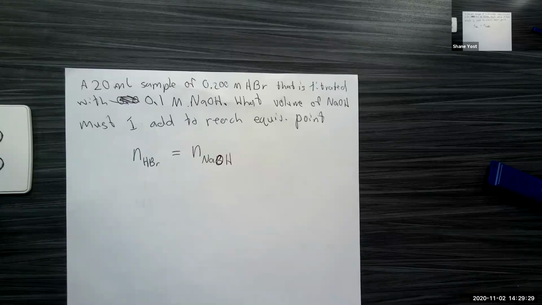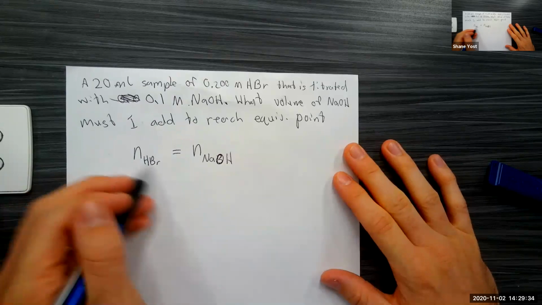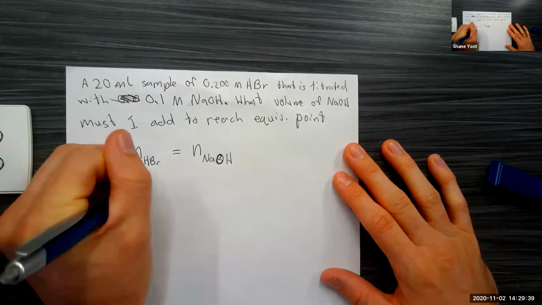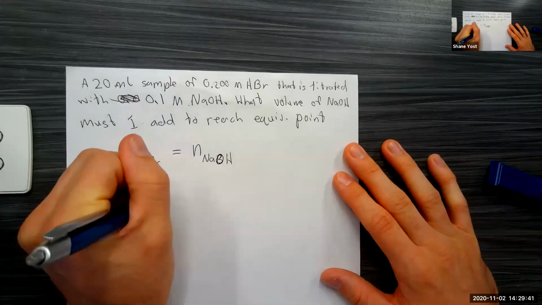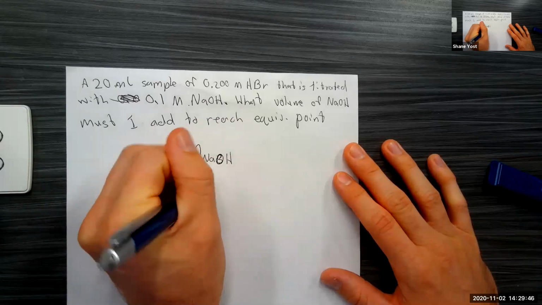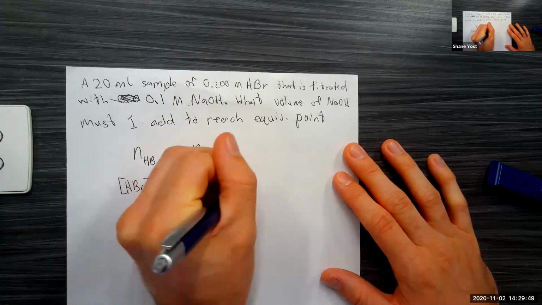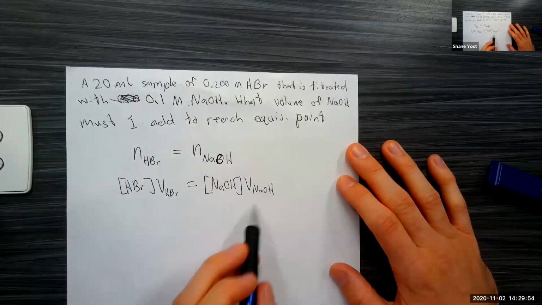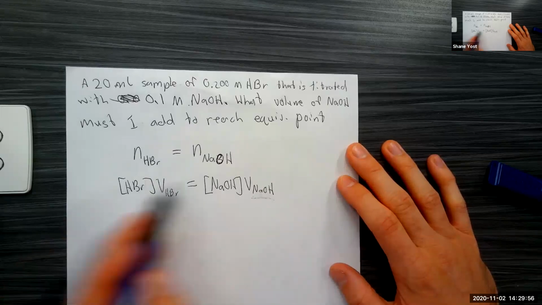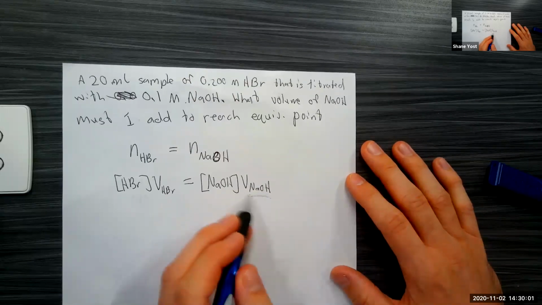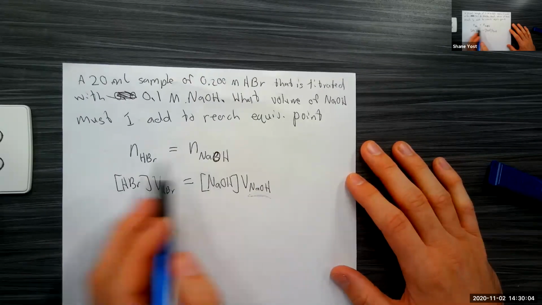Okay, so again, NaOH, HBr. The number of moles of HBr is the concentration of HBr times the volume of HBr. And the number of moles of NaOH is the concentration of NaOH times the volume of NaOH. And so the question is, what is the volume of NaOH that makes this equality work? What is the volume of NaOH I have to add in order for these numbers of moles to be equal?